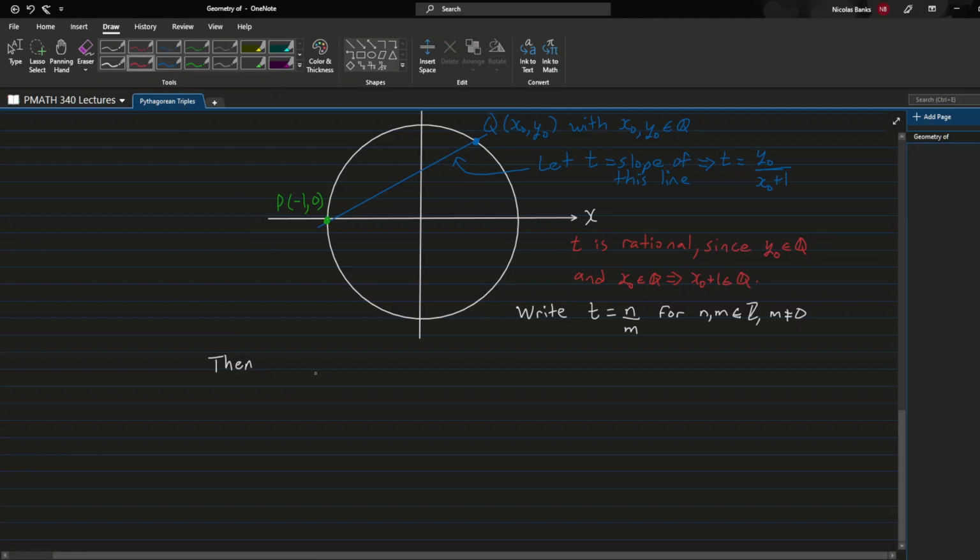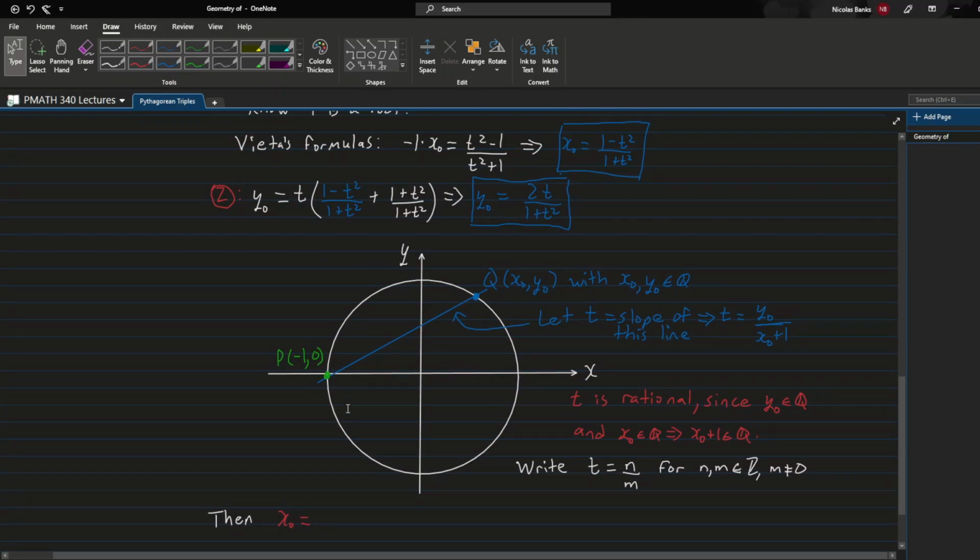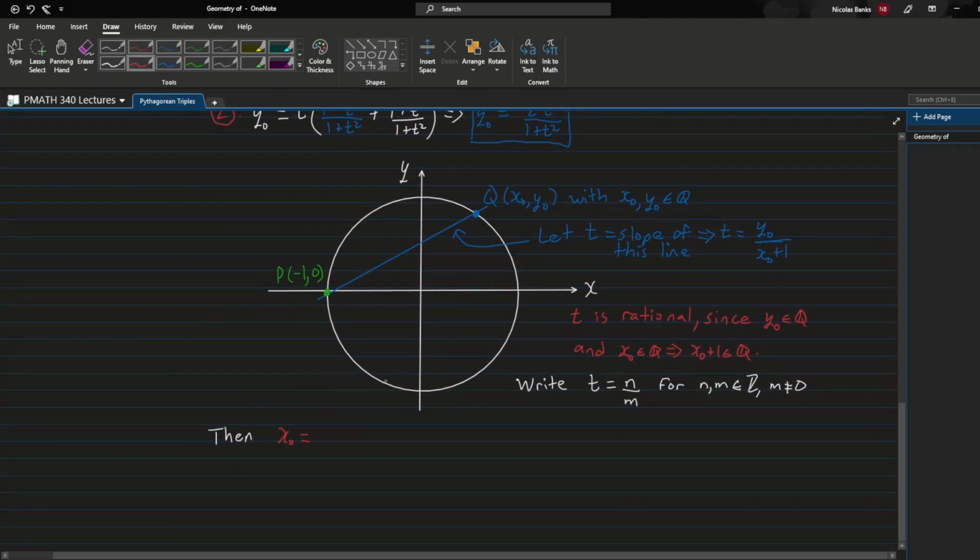Well, remember we had expressions for x naught and y naught right up here in blue boxes. So we found that x naught was equal to 1 minus t squared over 1 plus t squared. With that notation for t, that definition for m and n, we get that x naught is 1 minus n squared over m squared over 1 plus n squared over m squared.